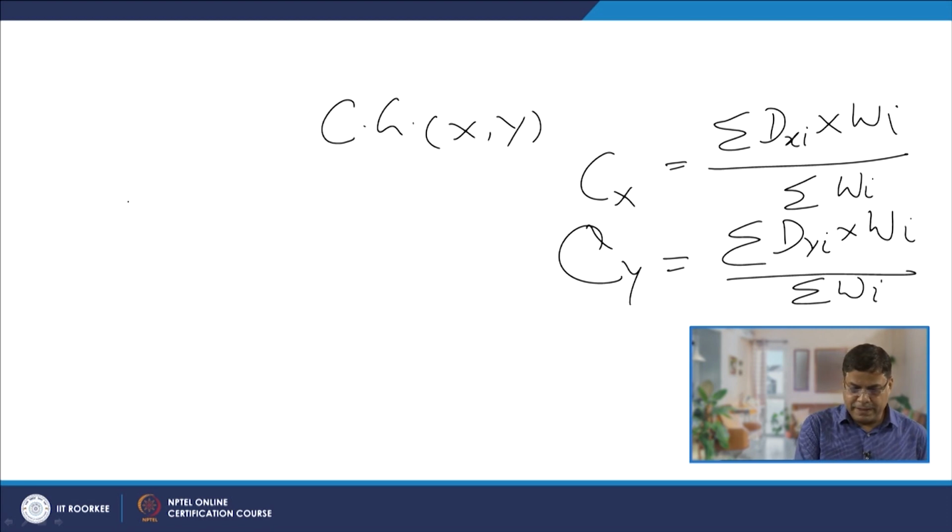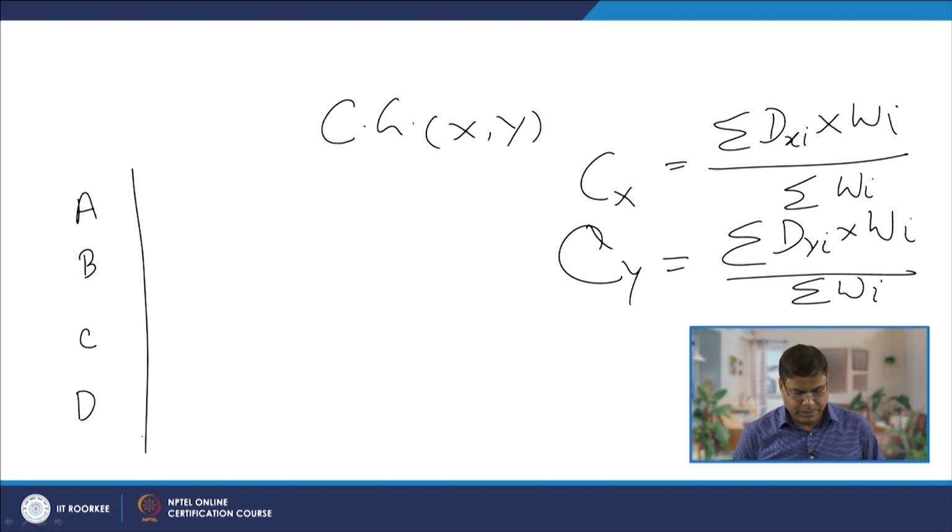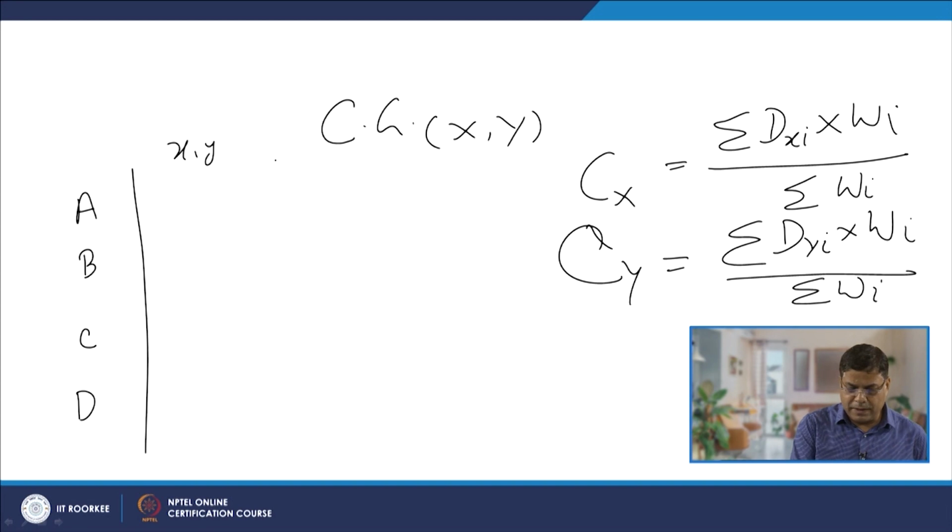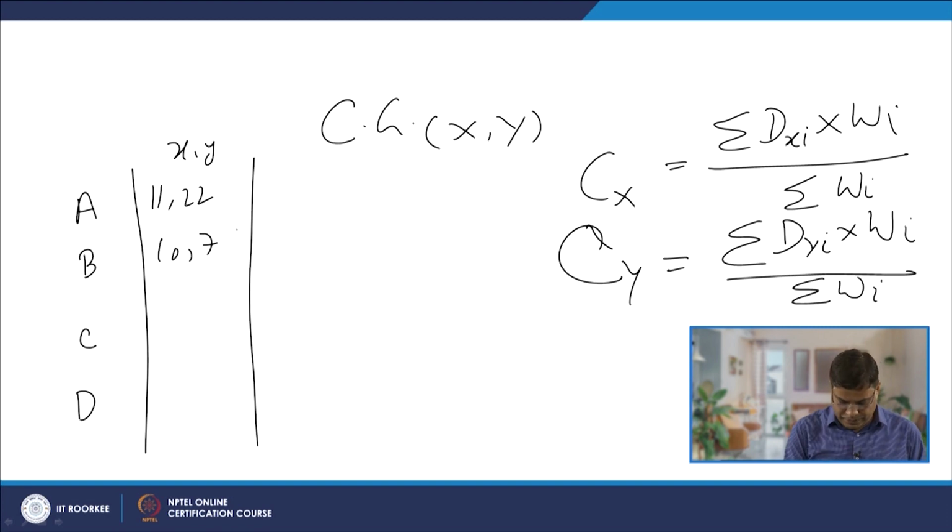Here if we see, there are A, B, C and D, 4 distribution points having xy coordinates of these locations, say for A 11 and 22, for B 10, 7, for C it is 4, 1, and for D it is 3, 6.